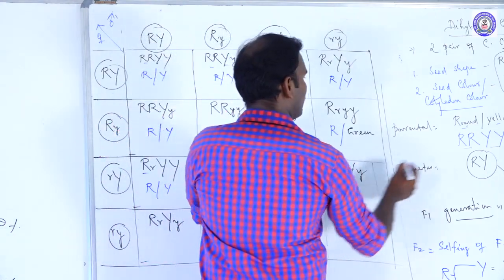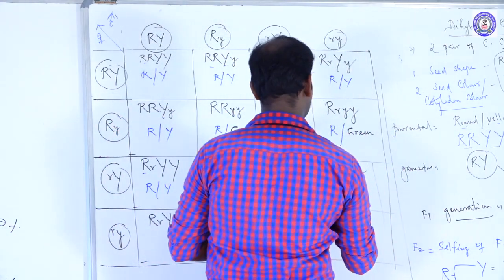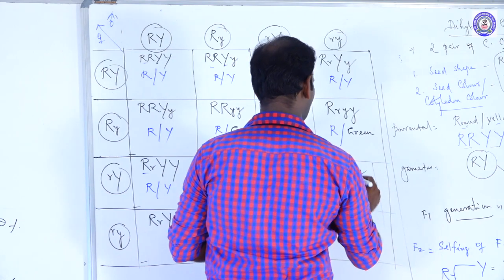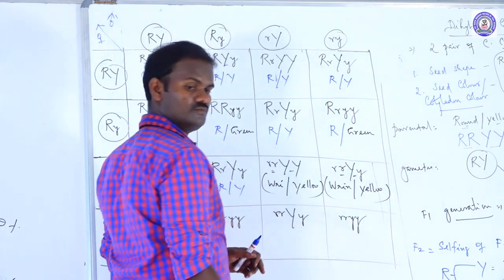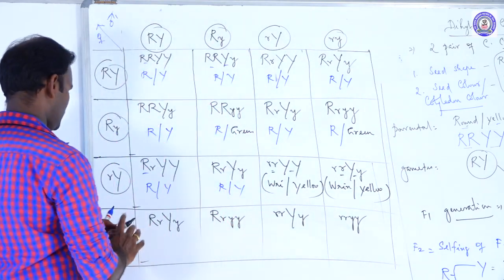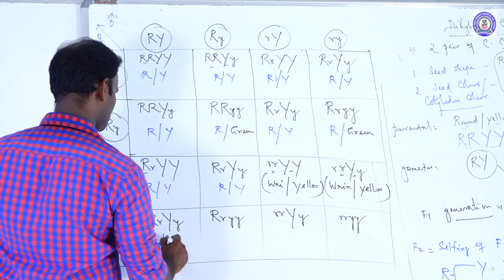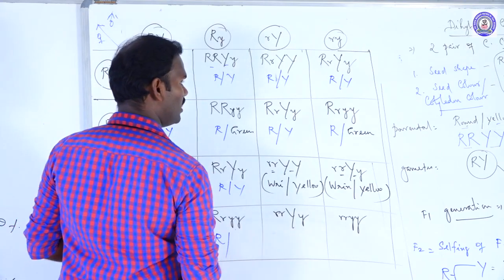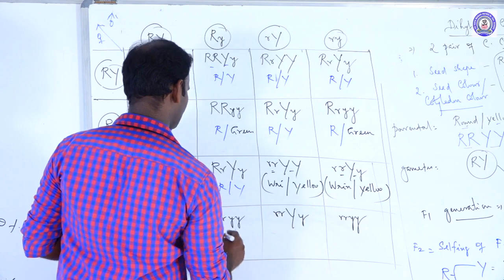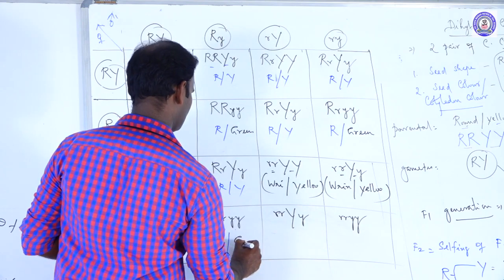Here, smaller, wrinkled, capital Y, yellow. Here, round and yellow. Here also round, small y, green, round and green.